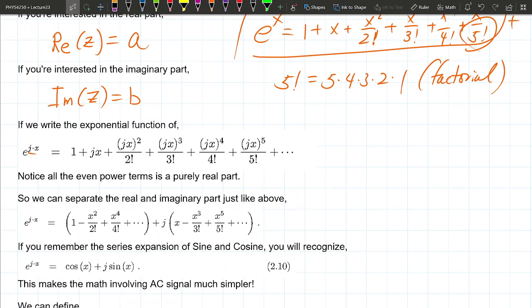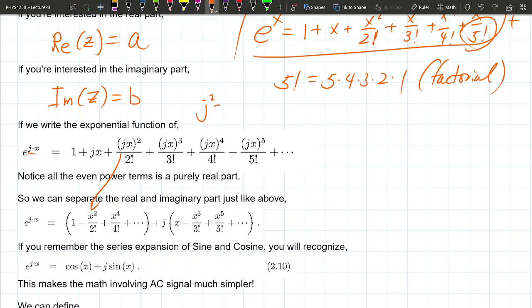Well, 1 is 1. j times x, that's like a complex number thing. But what's j squared times x squared? Negative x squared. It goes down here. j to the third times x is what?